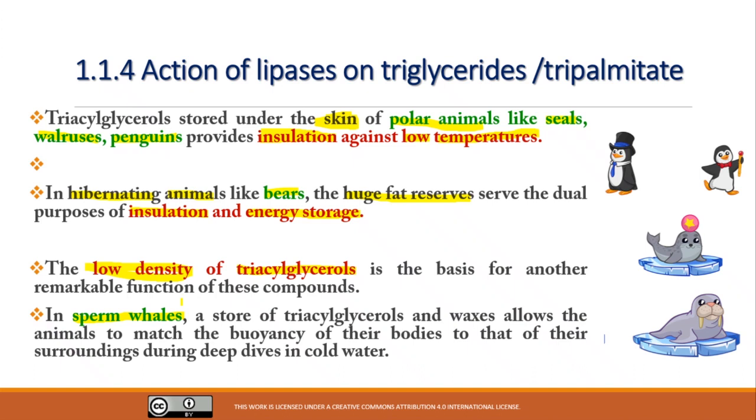But when the whale comes back to the surface, because of the increase in temperature, this spermaceti oil will melt, its density will change, and now it will match that of the water on the surface. Isn't this an interesting fact about triglycerides?